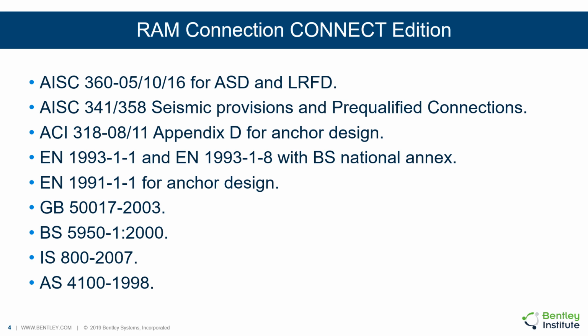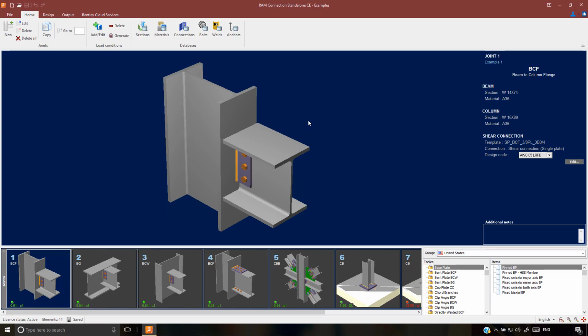Besides, we have the 2003 version of the Chinese code, the 2000 version of the British standard, the 2007 version of the Indian code, and the 98 version of the Australian standard are available. Very soon we will be releasing the Canadian and New Zealand design codes. On top of that, a complete anchor design and optimization is an exclusive feature, and it's available for almost all design codes. Let's start with the application.